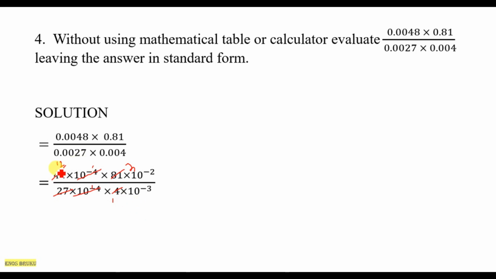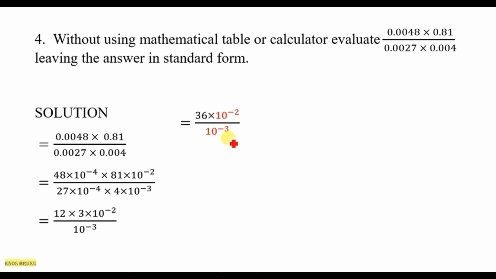So now we are left with 12 times 3 times 10 exponent negative 2 all over 10 exponent negative 3. So now the next step is to multiply the 12 times the 3, and we have 36 times 10 exponent negative 2 all over 10 exponent negative 3.